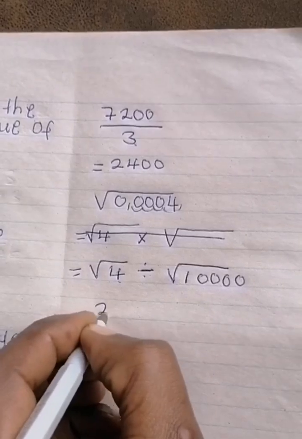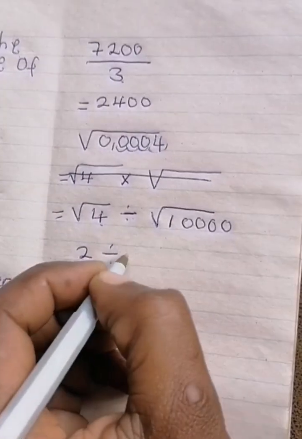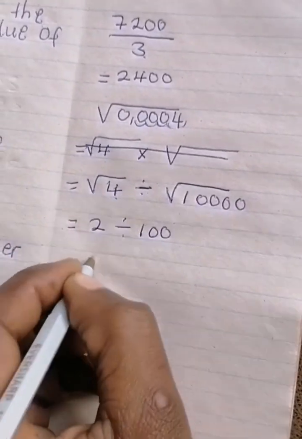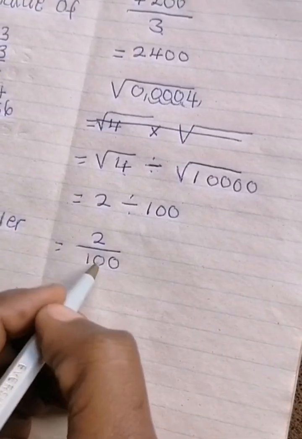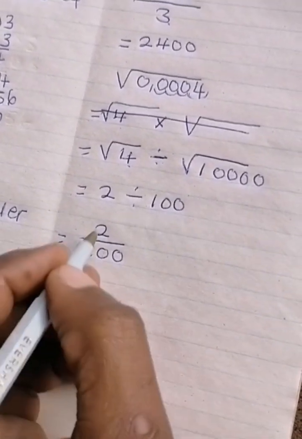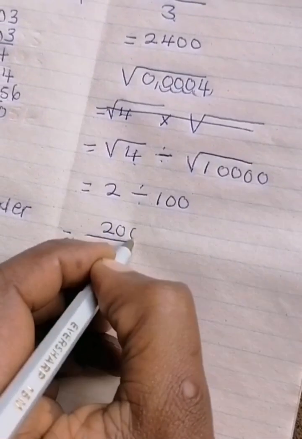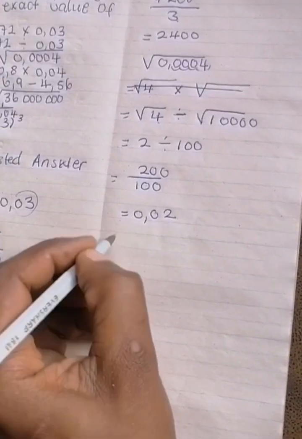The square root of 4 is 2, and the square root of 10,000 is 100. So we say 2 divided by 100, we will get 0.02.